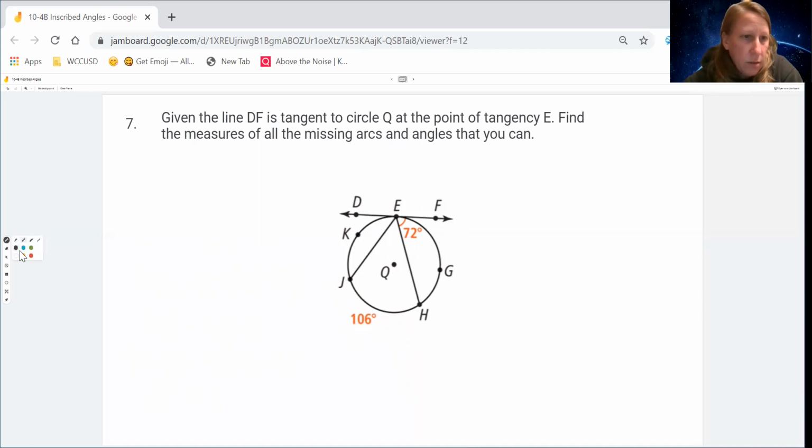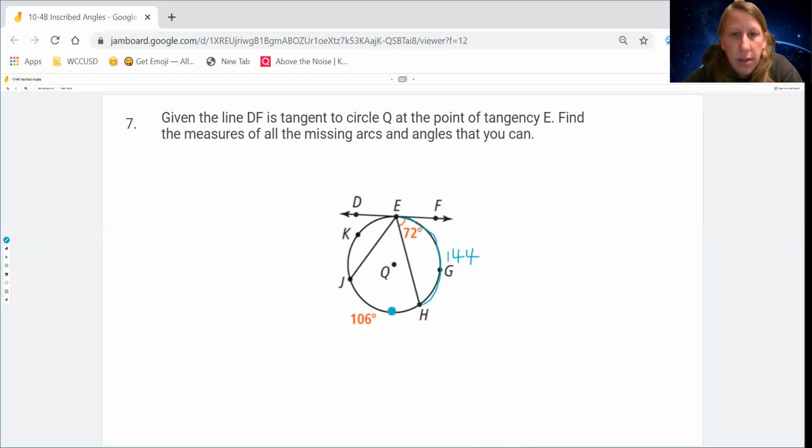So let's keep moving here. That's 72. Whoa. And so the first thing I'm going to do, I'm going to start with that 72 and go for it. What is 72 times 2? 72 times 2 is 144. Okay, so I got 144 here. Now I'm going to go out to 106.